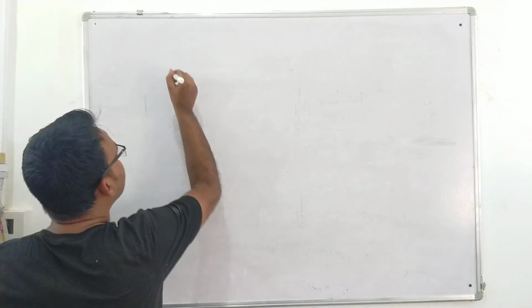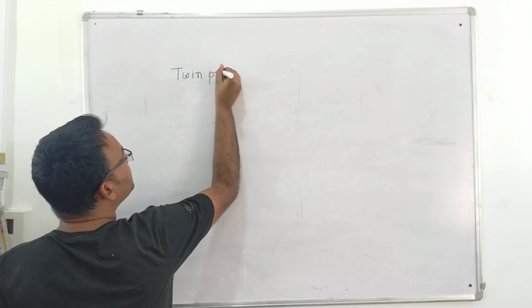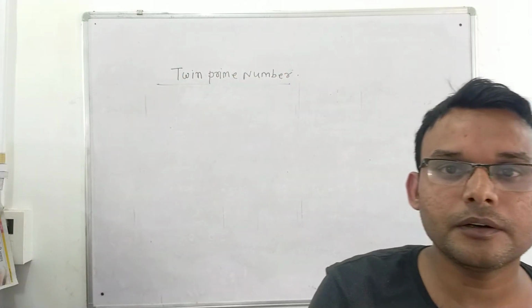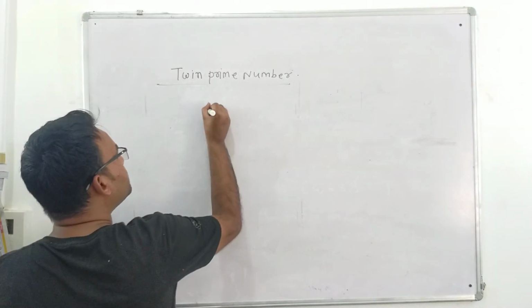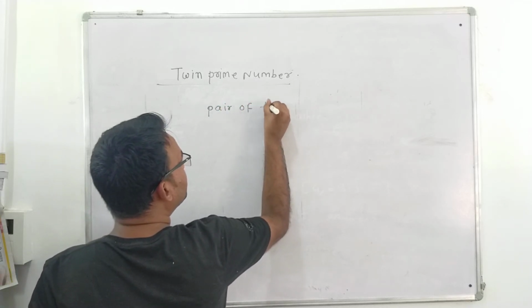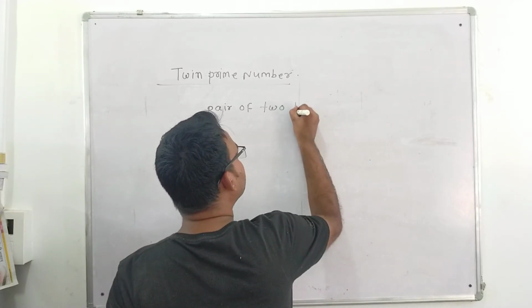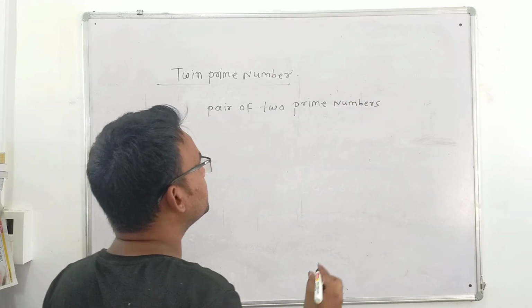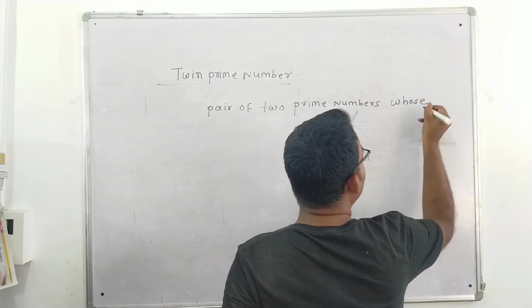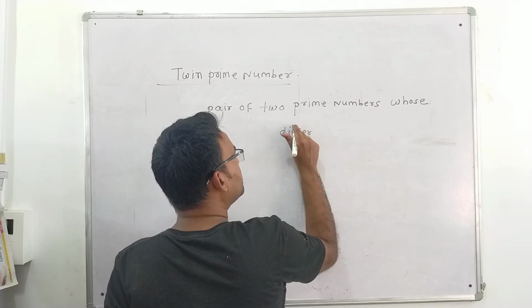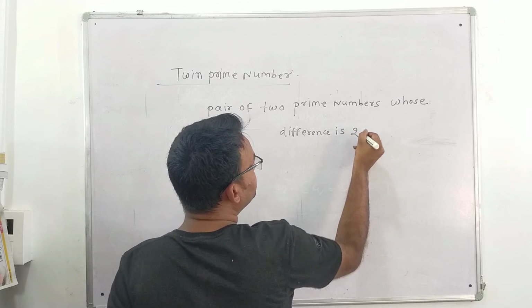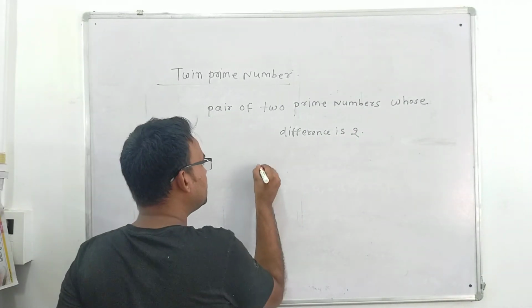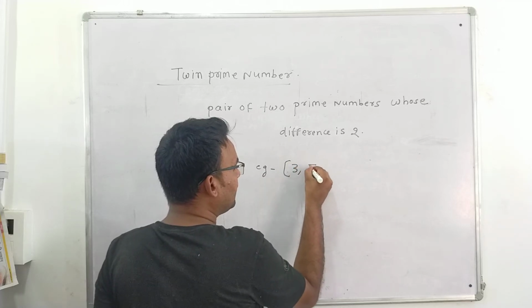First is the twin prime number. A pair of two prime numbers whose difference is 2 are called twin prime numbers.